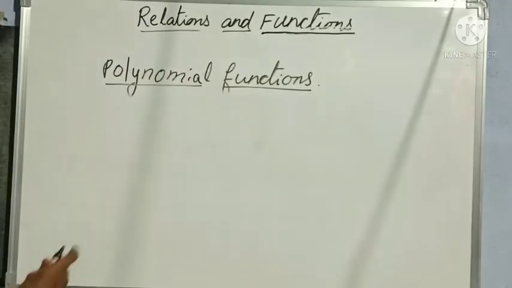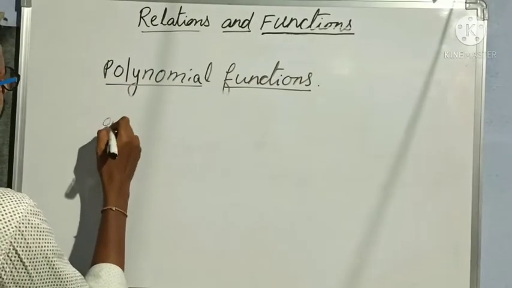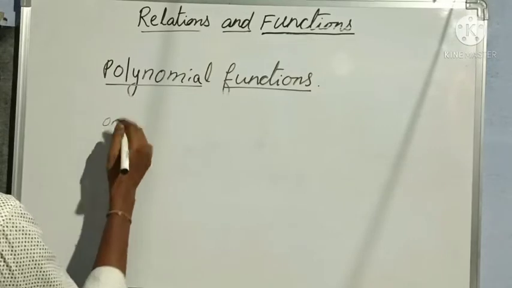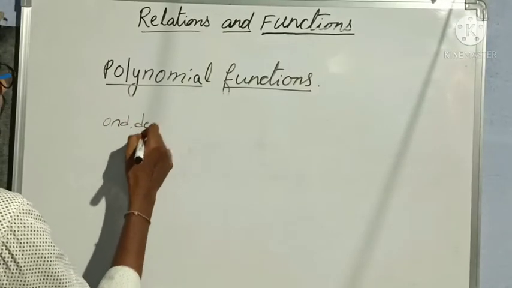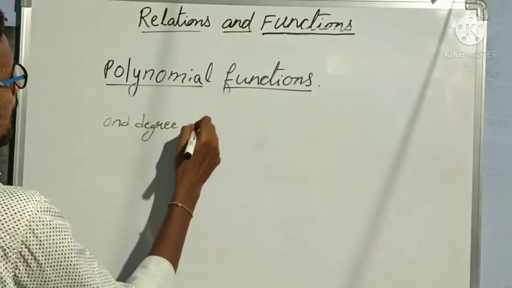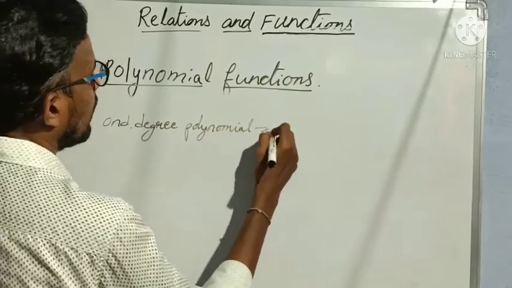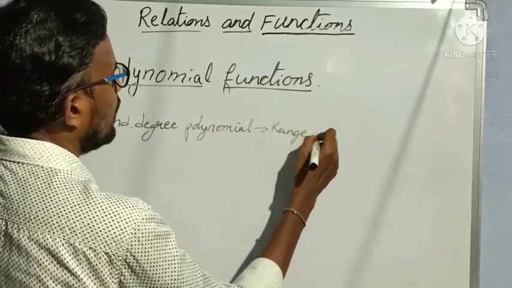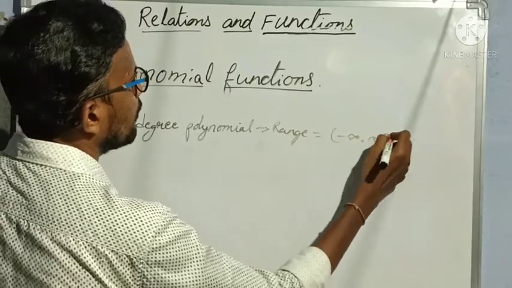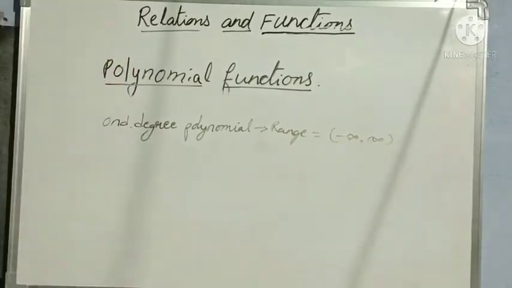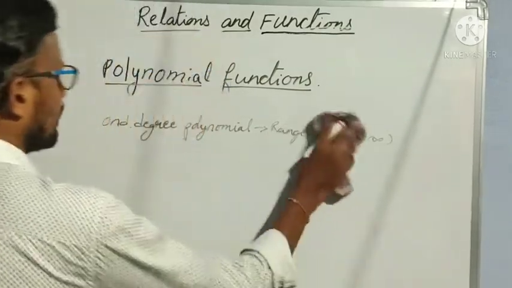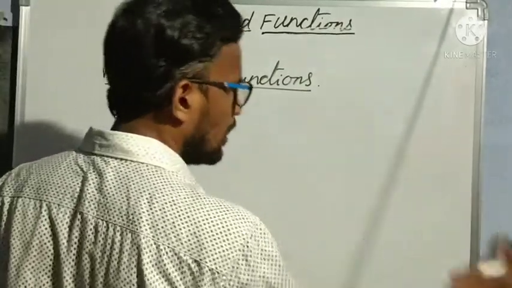So listen carefully. Whatever the odd degree polynomial is, its range will always be minus infinity to infinity. Whatever the odd degree polynomial is, what is the range of that polynomial?